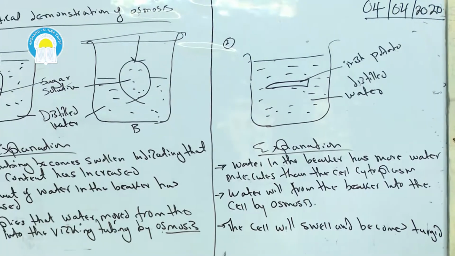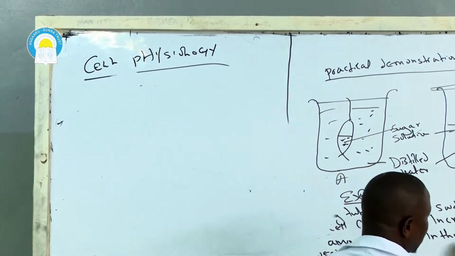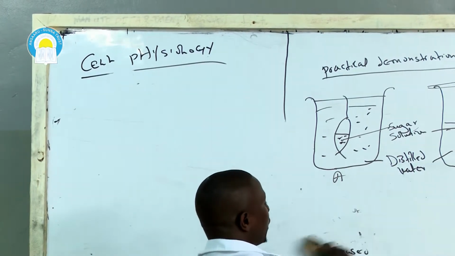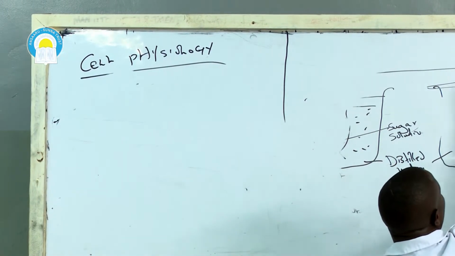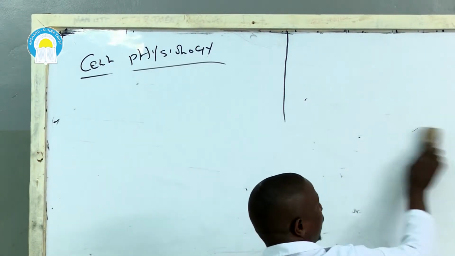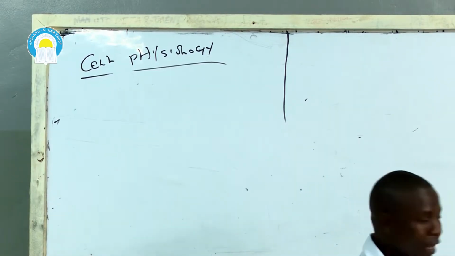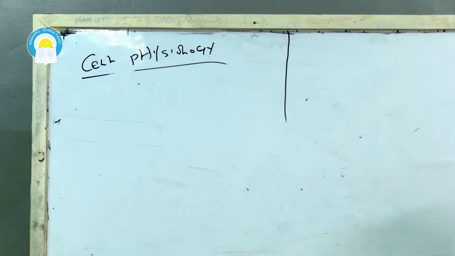So up to this point, you should be able to know what is osmosis, the definition of osmosis. Number two, you should be able to know the two types of concentration. Is water molecules moving from where they are highly concentrated region to a lowly or the vice versa? It should be from where they are highly concentrated to where they are lowly concentrated.